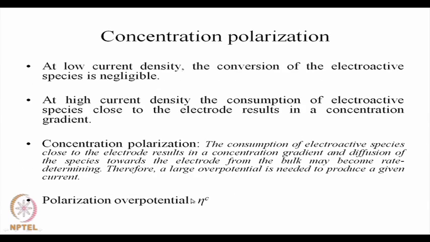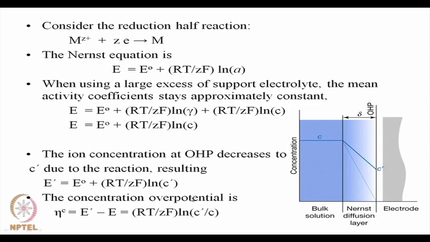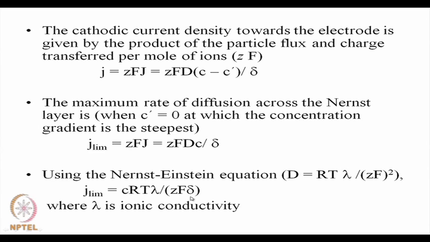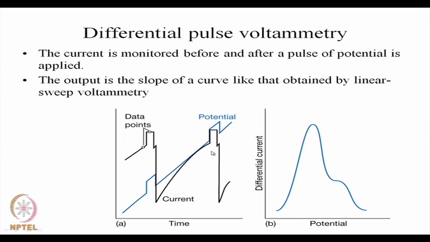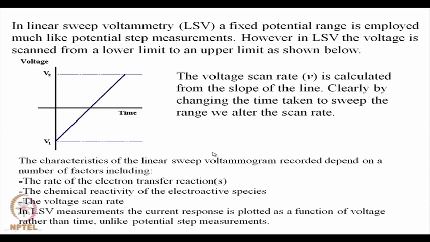Now this voltammetry has advantages: you can find out the concentration, you can find out the electrode potential, and you can get information about the reversibility of the process, whether the electron transfer is reversible or not, by changing your scan rate. The characteristic cathodic peak potential, anodic peak potential, and peak current are very characteristic of an electroactive substance.